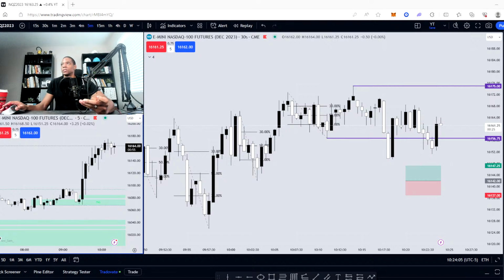Let's see, I do use other methods. I use ICT's 2022 method sometimes. I also use a silver bullet occasionally.